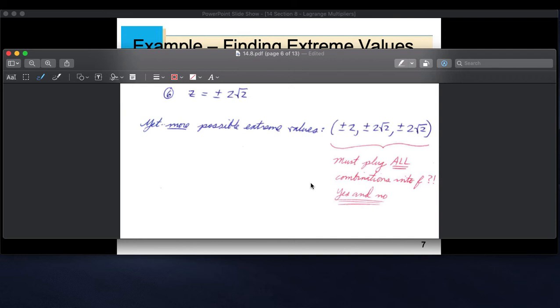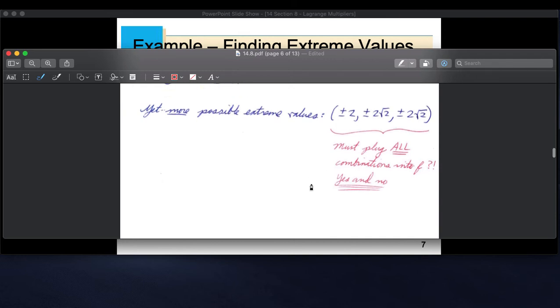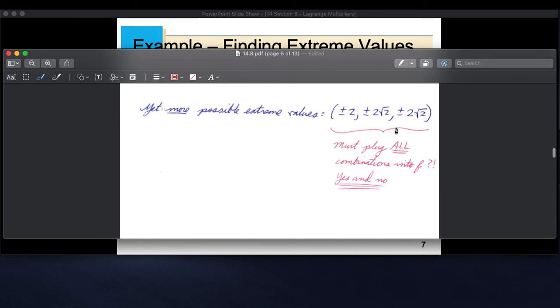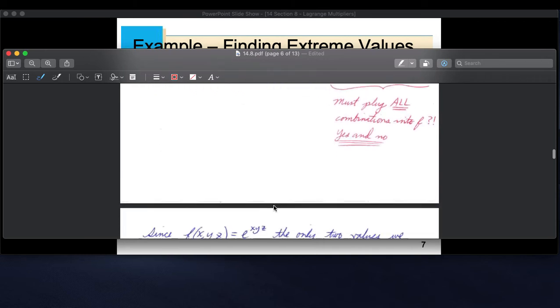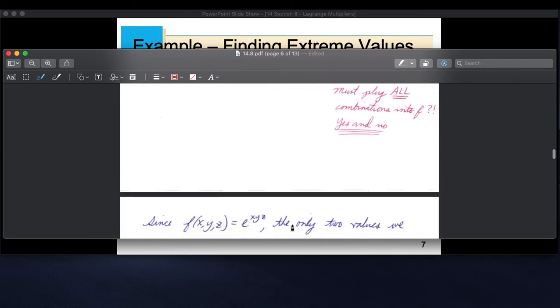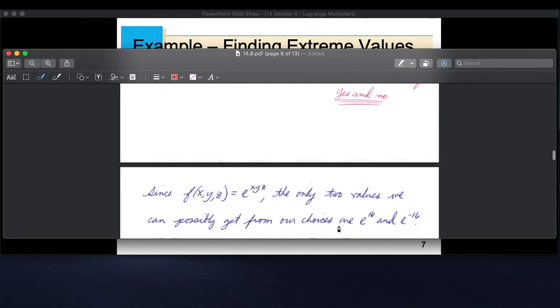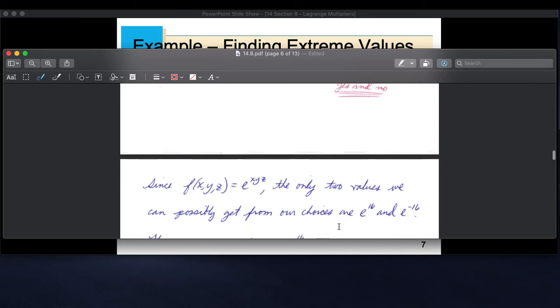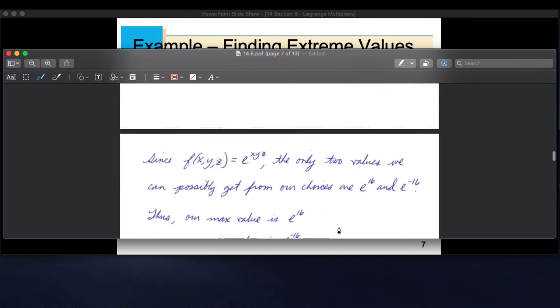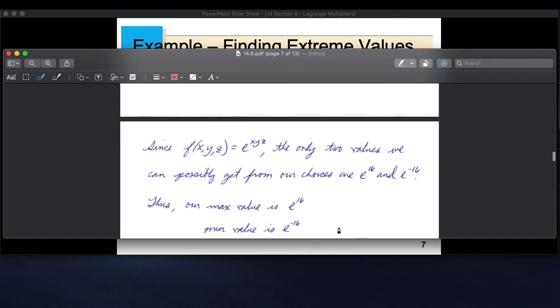In this particular case, no matter what combination I plug into my original function, which is e to the xyz, there's actually only 2 possible values that we can get. And those 2 possible values are e to the 16 and e to the negative 16. So therefore, our max value is e to the 16, our min value is e to the negative 16, and we're basically done.